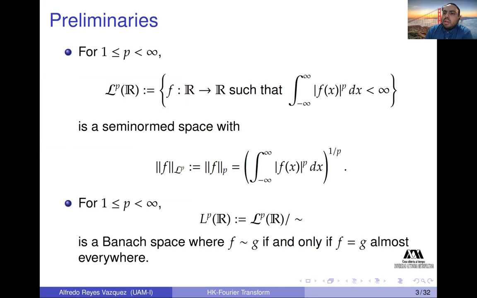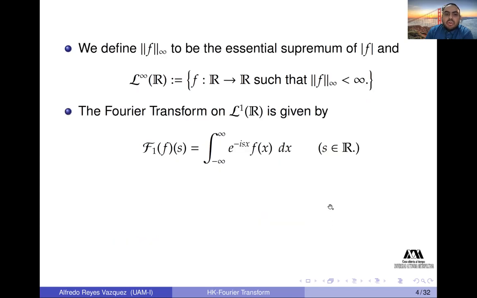First, we have the definition of the LP spaces, where we use the Lebesgue integral, and it is known that these spaces are Banach for each P. And also, we have the case when P is equal to infinity.